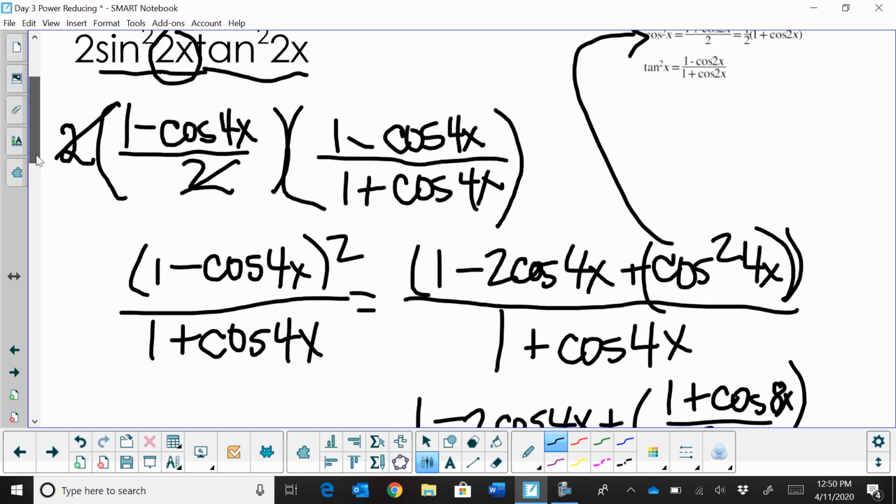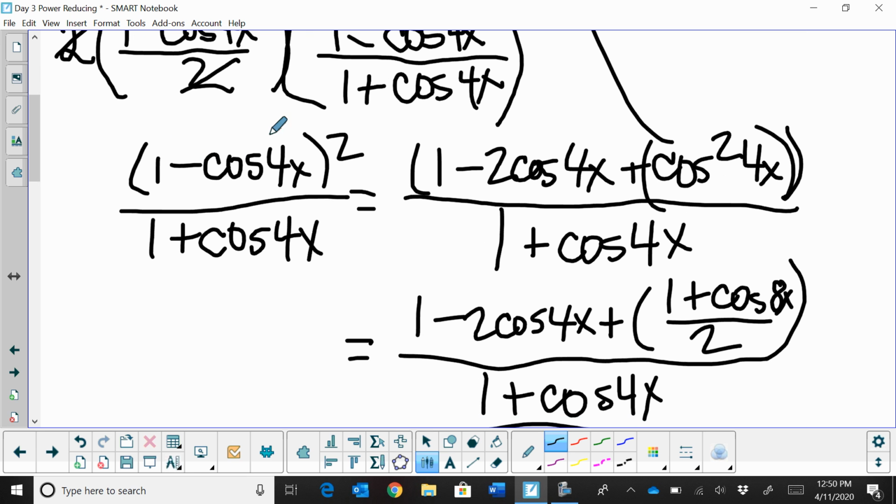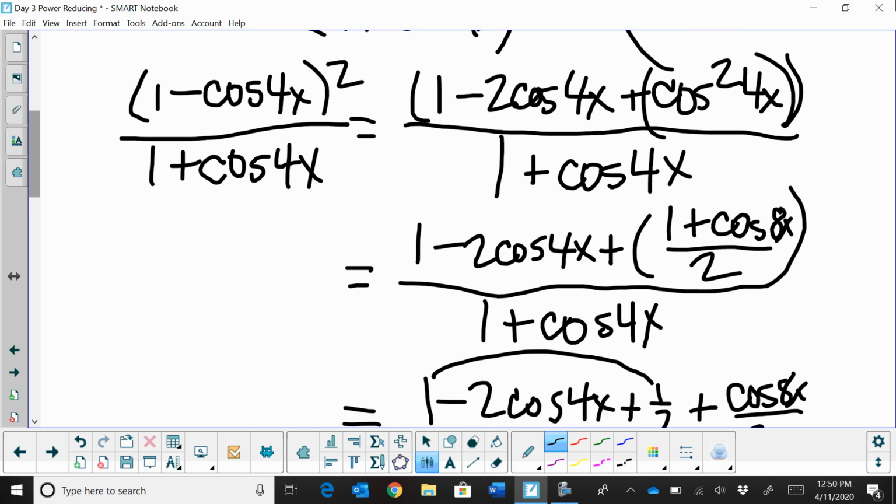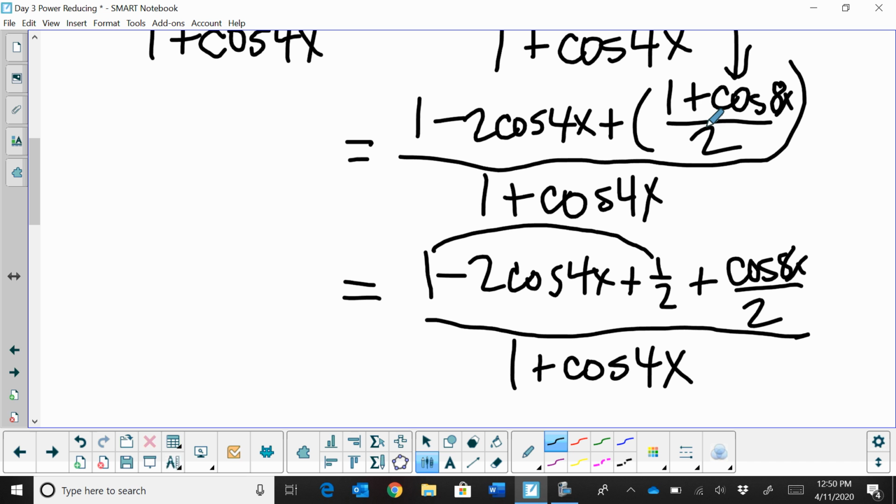So I'm just FOILing or multiplying 1 minus cosine 4x times 1 minus cosine 4x, and that gives me this trinomial, 1 minus 2 cosine 4x plus cosine squared 4x, all over our denominator. So we ended up with a squared function. We then have to use a power reducer that doubles our angle. So we replaced it.